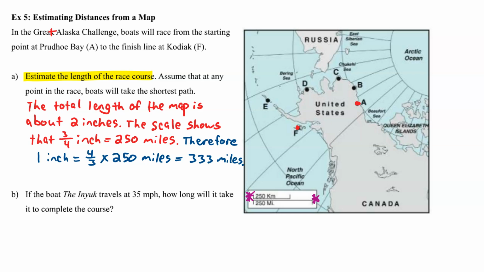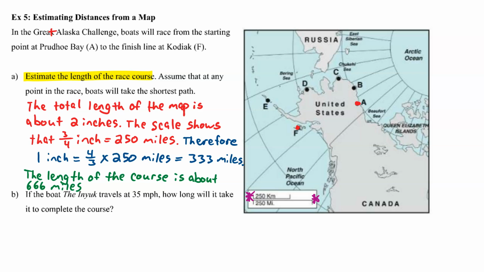And so using that, paired with the fact that the length of the map is about 2 inches, we just have to double the amount of miles. So the total length of the course is about 666 miles.